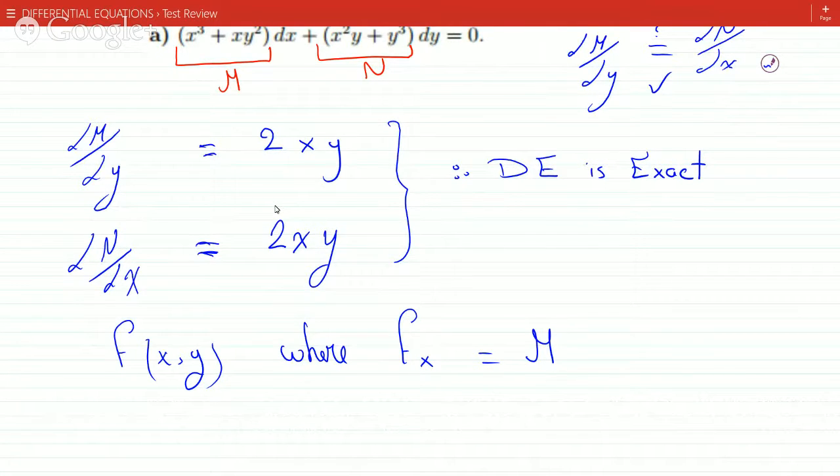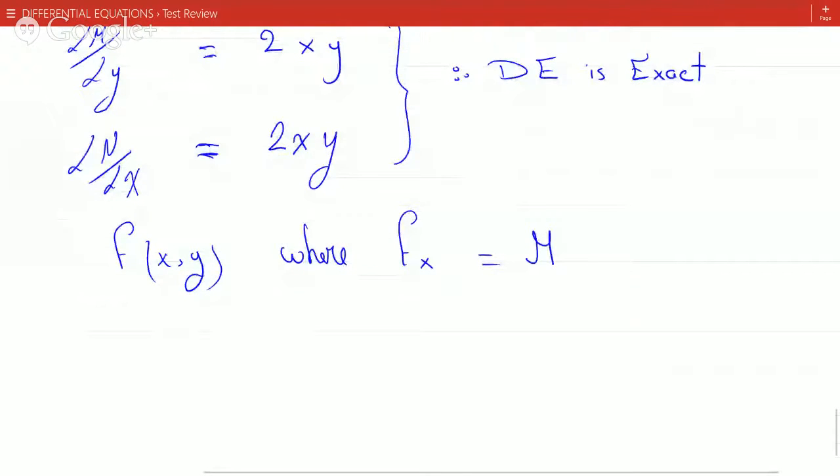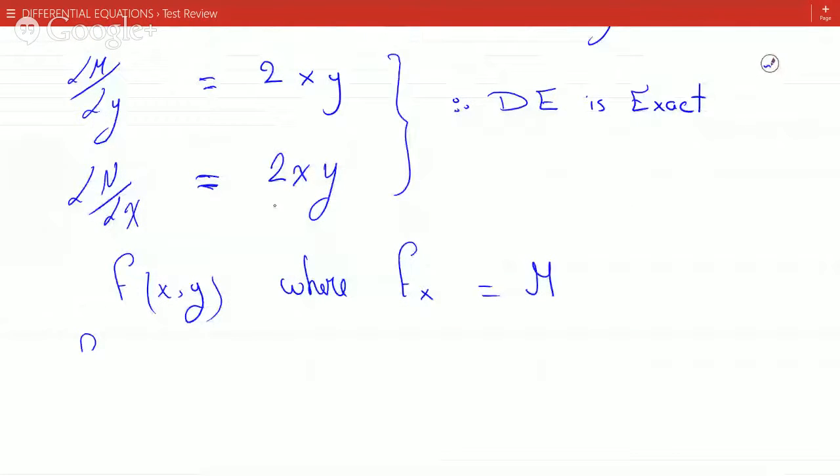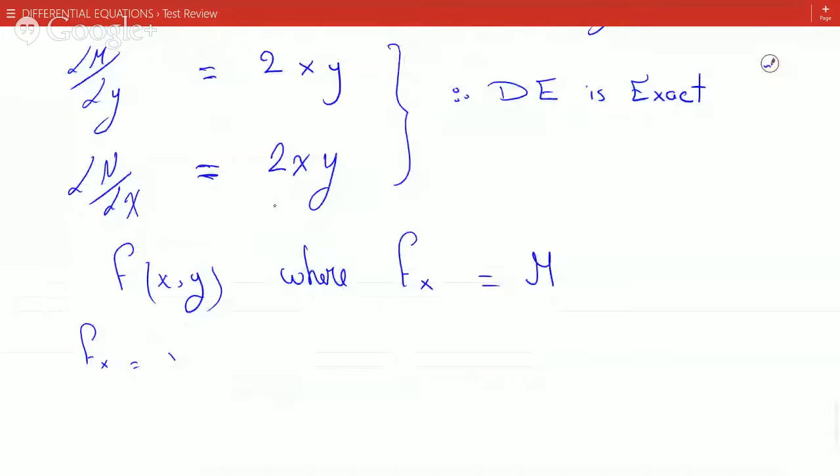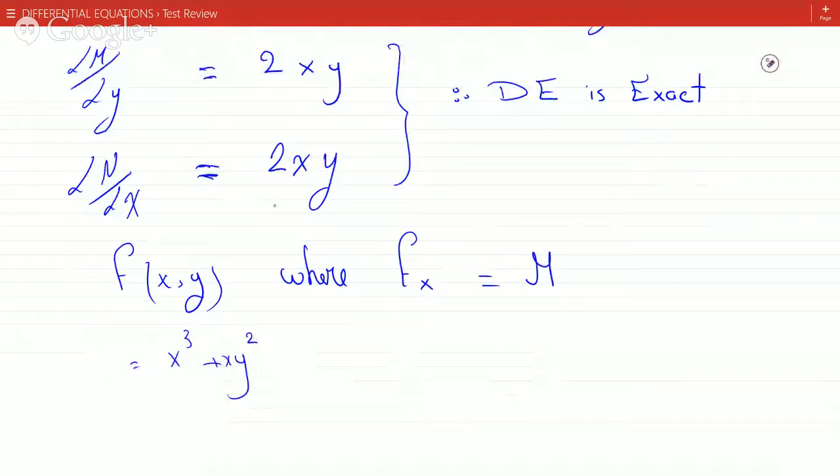Okay, and then that means partial f with respect to x is equal to x cubed plus xy squared. And partial f with respect to x is nothing but df dx.